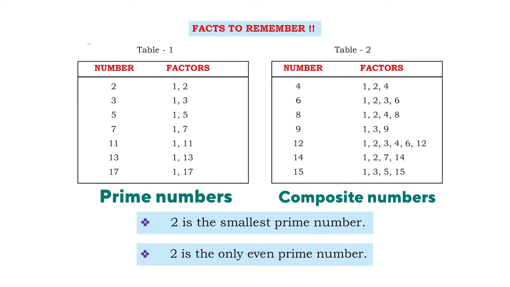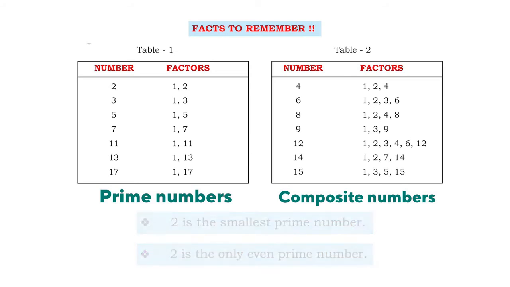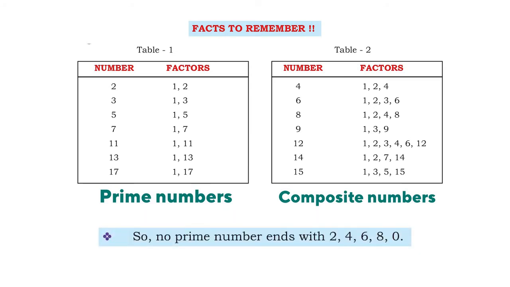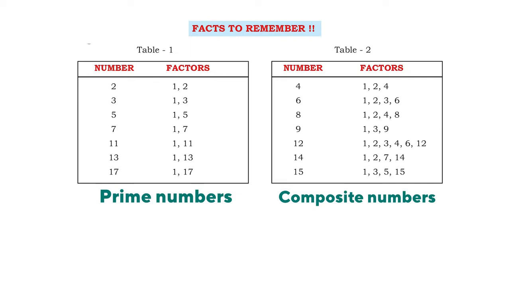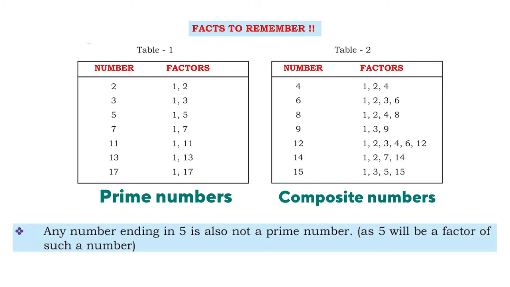Only 2 is the even prime number. You also notice that no prime number ends with 2, 4, 6, 8 and 0. Another fact is any number ending in 5 is also not a prime number. That's because 5 will be a factor of such a number.